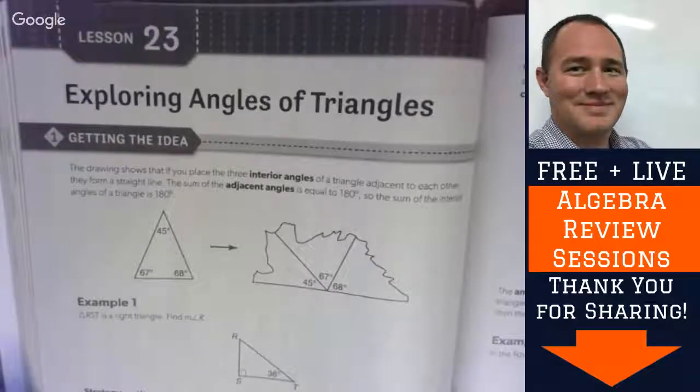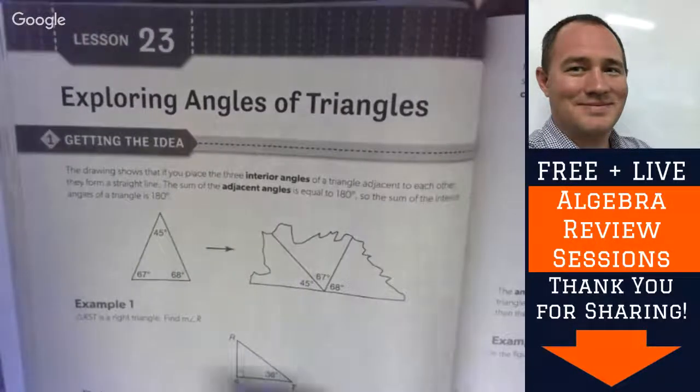Yesterday we talked about parallel lines and transversals and how some of those different relationships let you find supplementary angles, congruent angles, and those sorts of things. Okay, so let's get going.